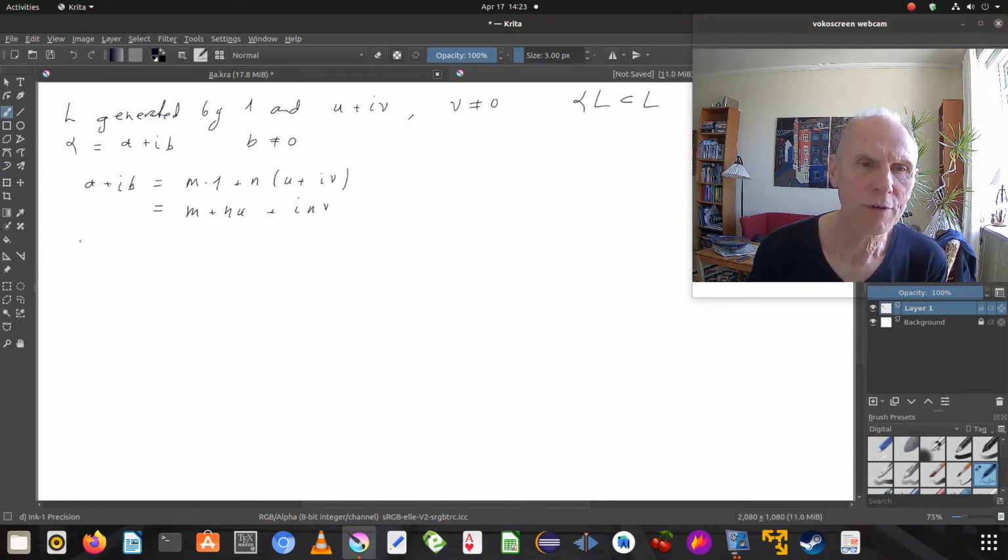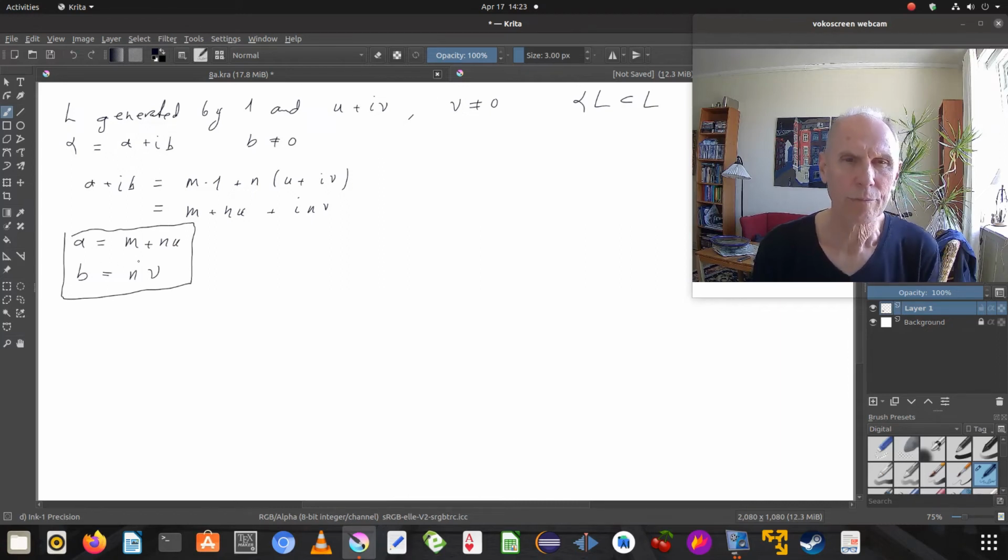So that gives us two equations. The next thing is that alpha squared lies in the lattice.